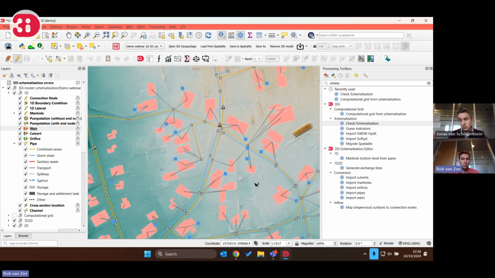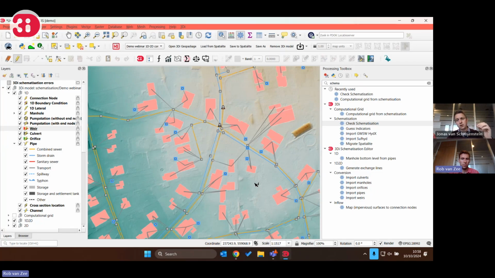Also, if you are going to validate or calibrate, the actual rainfall amount being used is of high impact, especially if it's a larger area and the rainfall is spatially different. Then this will have a very large impact on your modeling results and also on your validation and calibration.